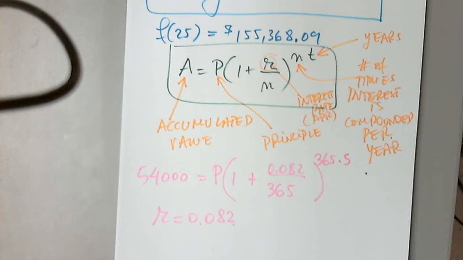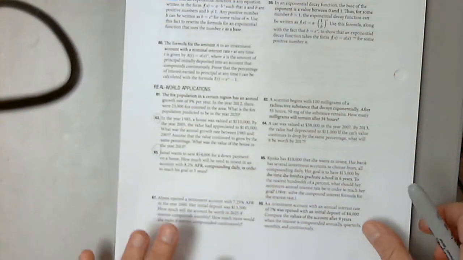Is it a word problem here? Yes. So he's saving up to put a down payment of 54,000 on the home, right? So he needs, 5 years from today, $54,000 to go and put down a payment on his house.